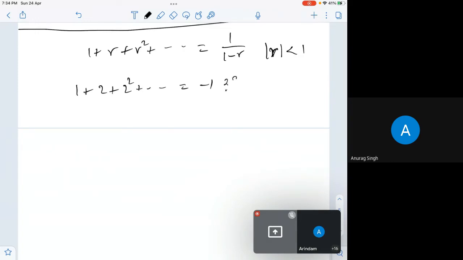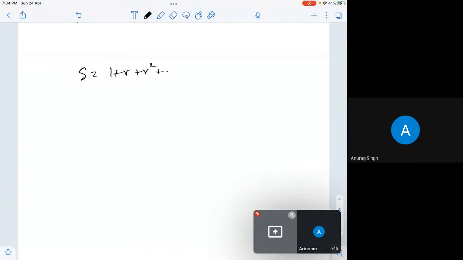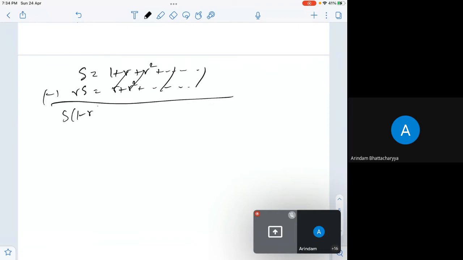Can you give the proof of the formula? Yeah, sure. Let's say S is, oh yeah, I know that S is equal to r to the n minus 1 by r minus 1. Well, the question you might have is, you are involving infinitely many terms, so it does not make sense to do any pairing.